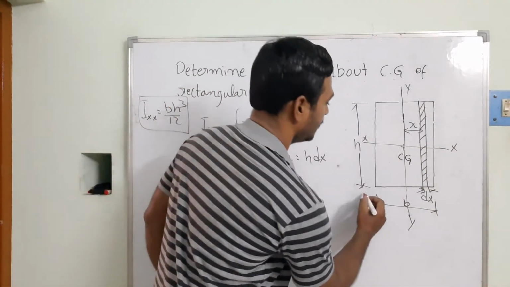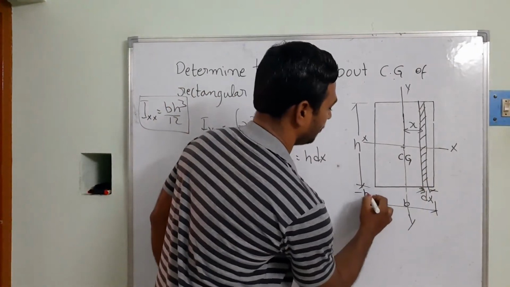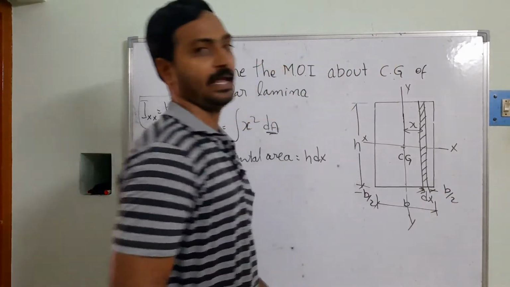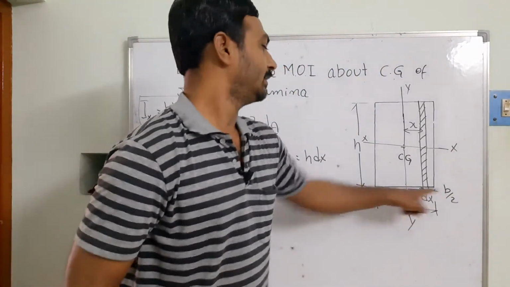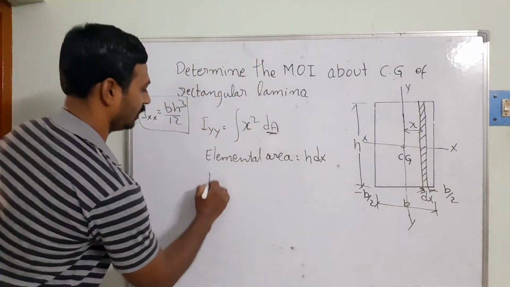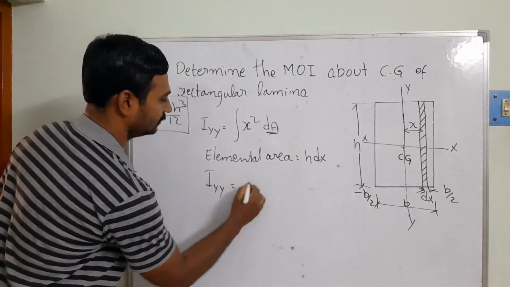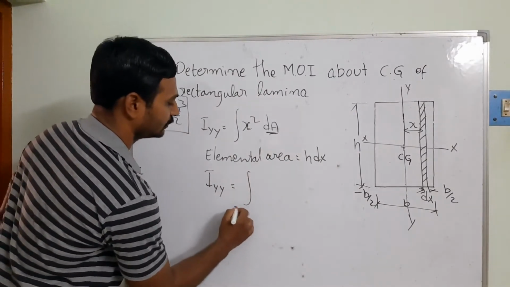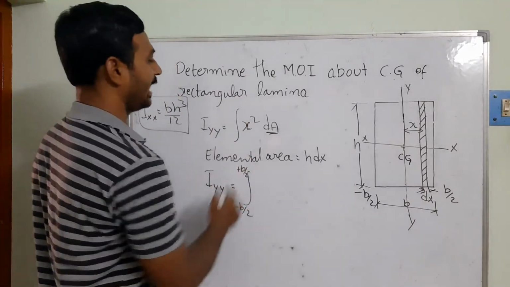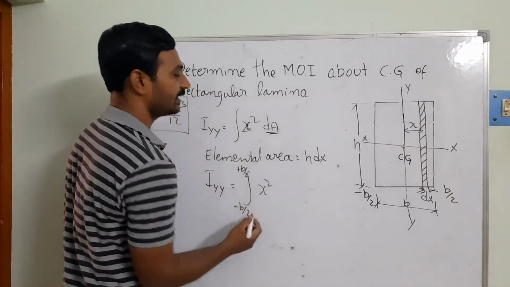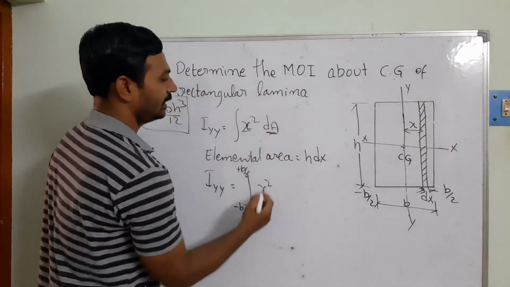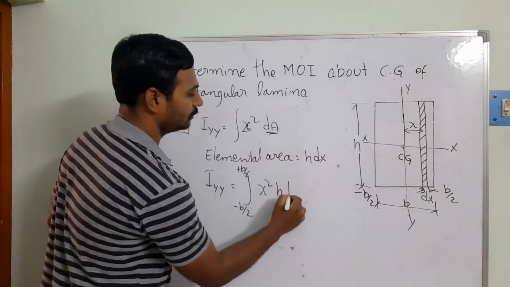So towards the left side it is minus b by 2, and towards the right it is b by 2. These limits I am going to substitute in our equation. That's going to be Iyy is equal to integral from minus b by 2 to plus b by 2 of x square, since the element is located at a distance of x, and then for dA I write h into dx.